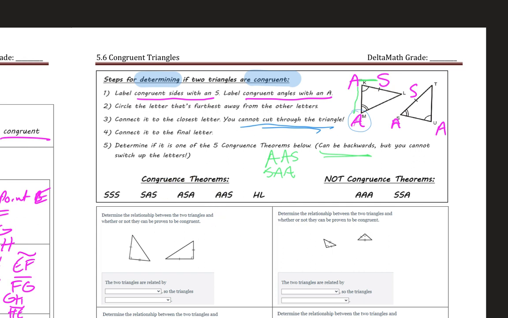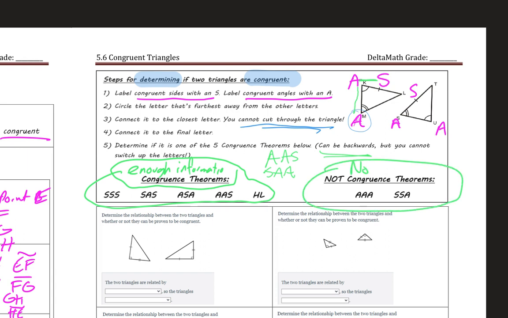This is enough information right here to tell that they are congruent. Okay, these are enough information. Okay, these are not enough. So they may be not enough info.